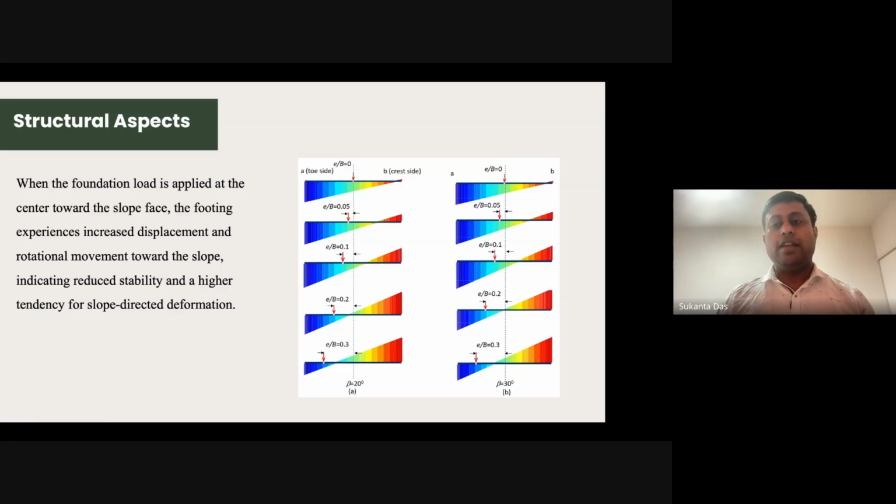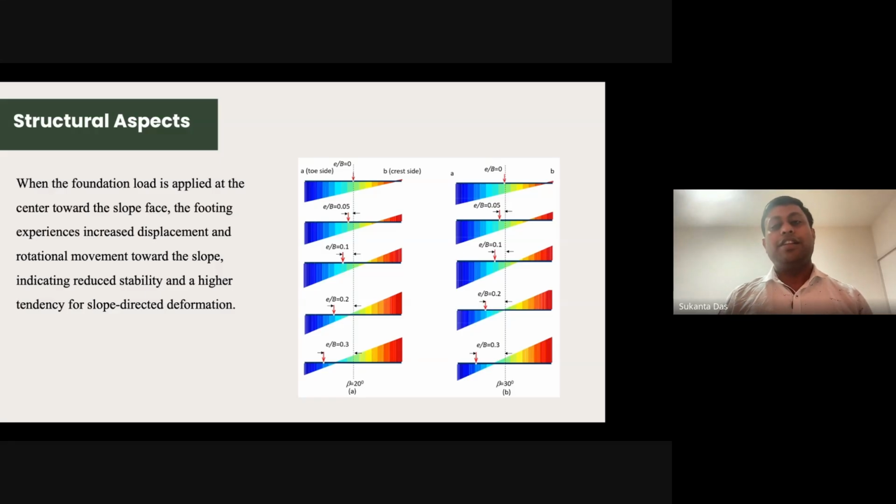Then when you increase the load angle of inclination, like the slope angle, this phenomenon is going to increase further. As your slope becomes steeper, this phenomenon is going to be more prominent, right? This also suggests that for sloping ground and horizontal ground, we apply Terzaghi's theory to compute the bearing capacity under eccentric load.